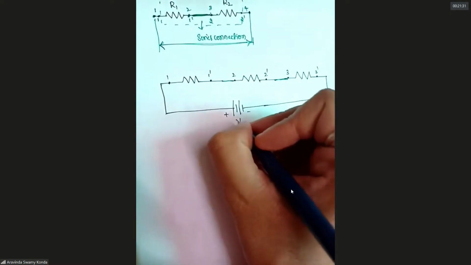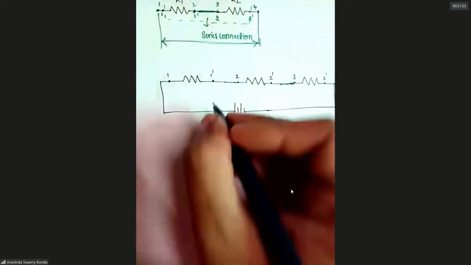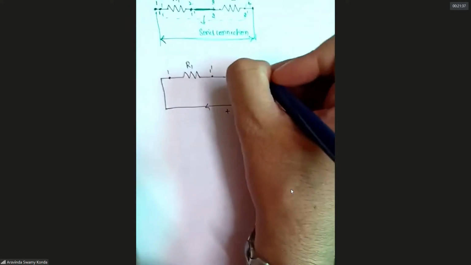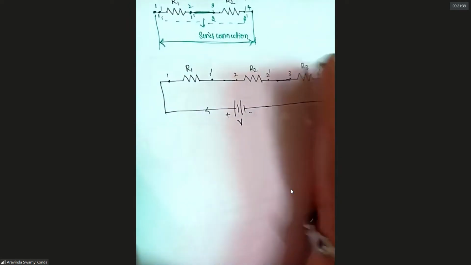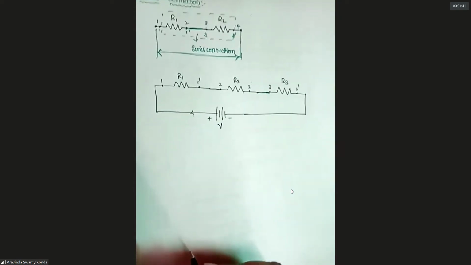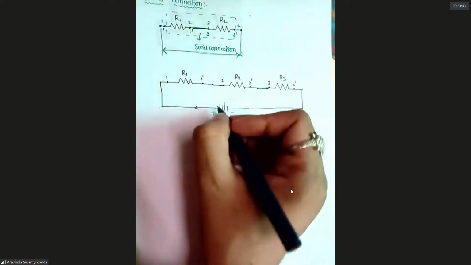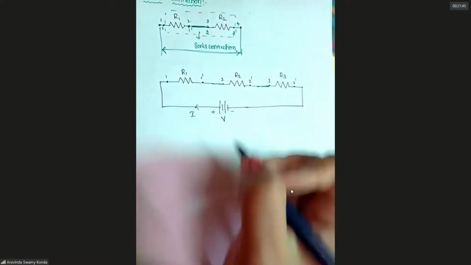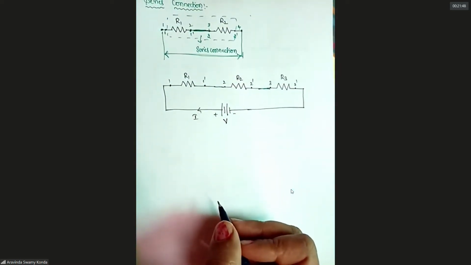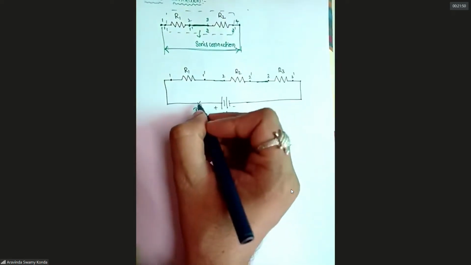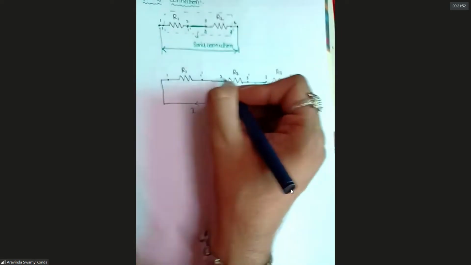This is some voltage source V, and these are R1, R2, R3. What is the current supplied by the source? The current supplied by the source flows through R1, R2, R3.